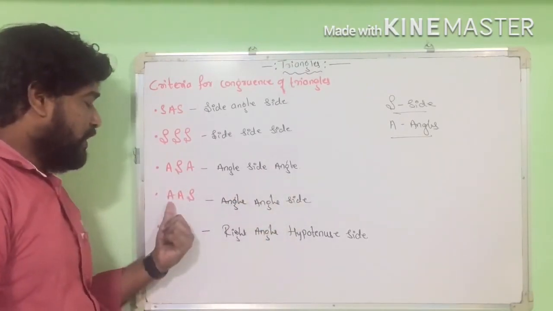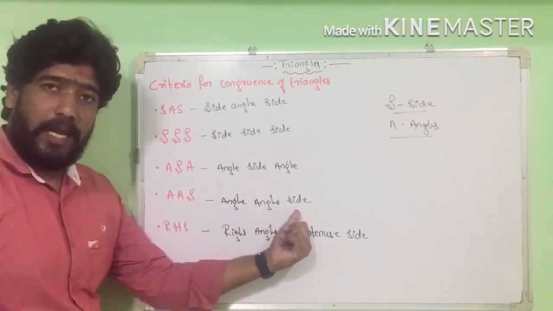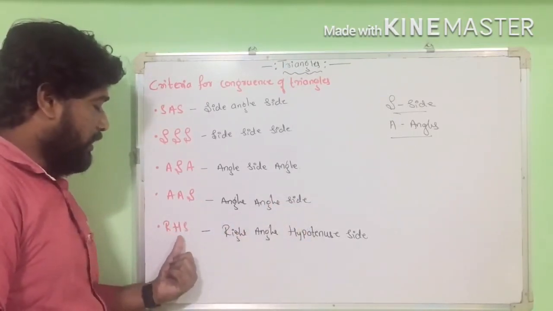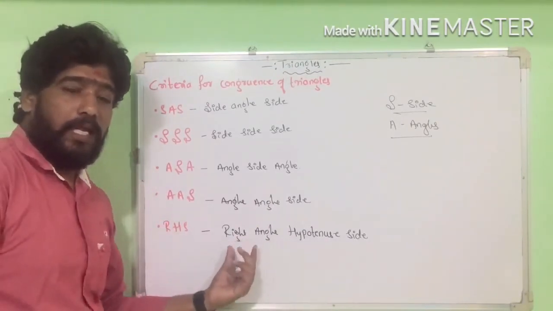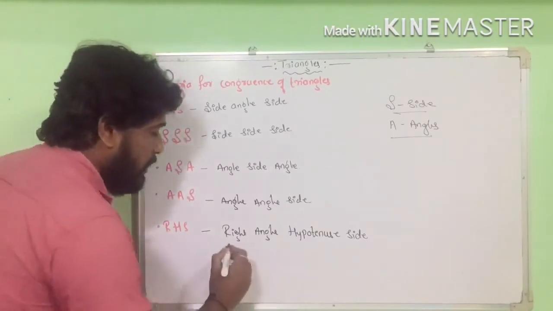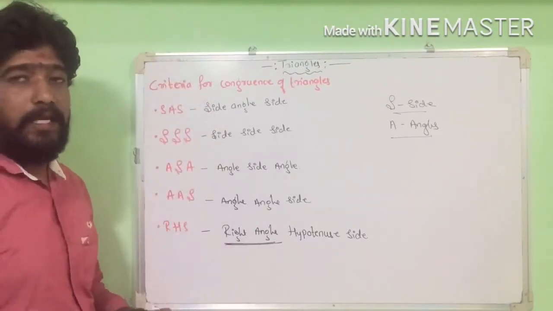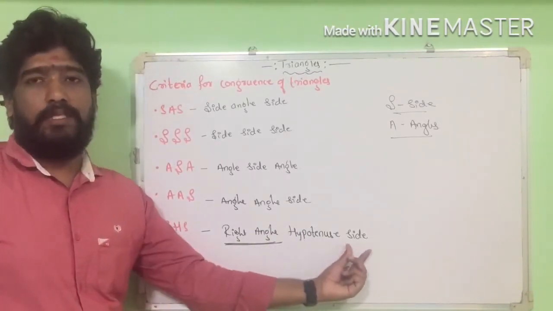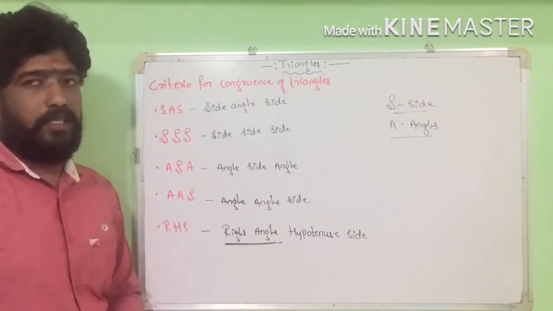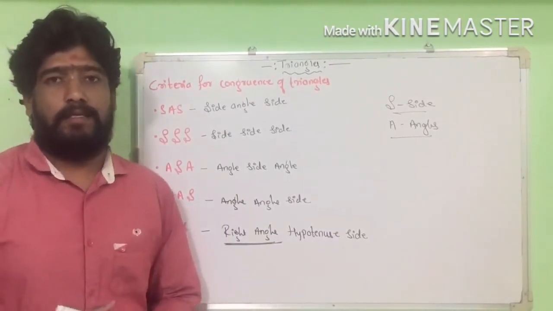Next one, AAS, angle angle side criteria, and RHS, right angle hypotenuse and side. Here the triangle has a right angle, one of the angles is a right angle, and the side opposite the right angle is the hypotenuse, and another one is a side. That is RHS. Is it clear? So now we will discuss one by one in detail.